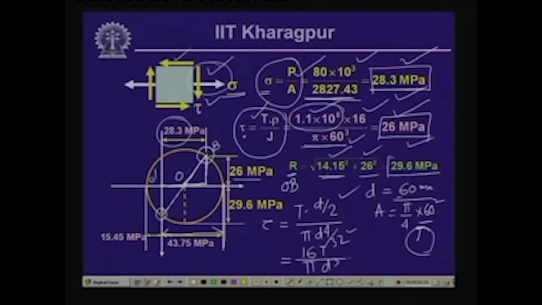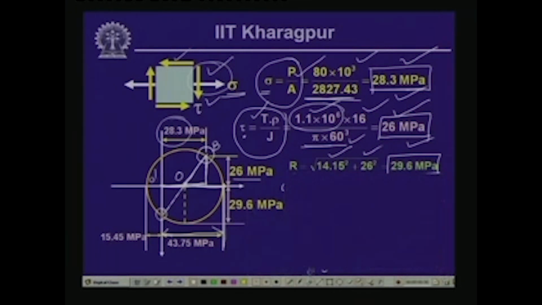a value of 29.6 megapascal. So, the value of this distance is equal to OO dash plus the radius, that is 14.15 plus 29.6.